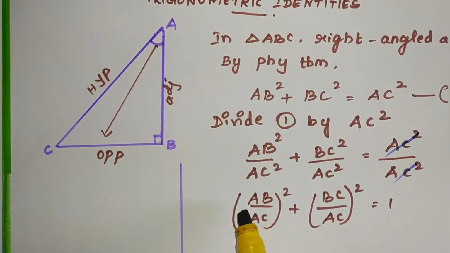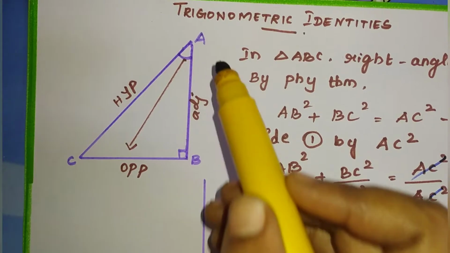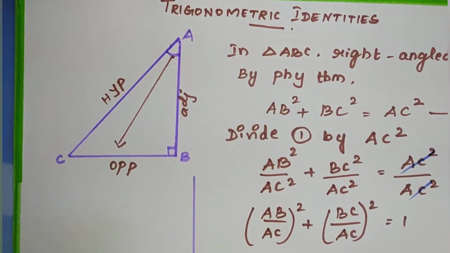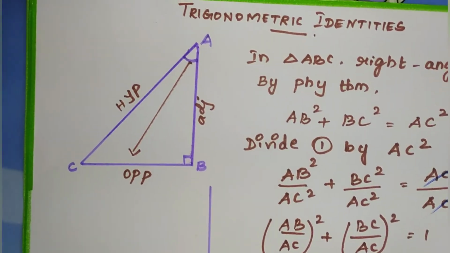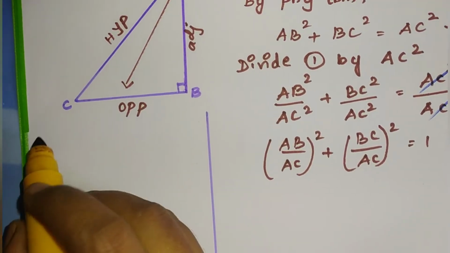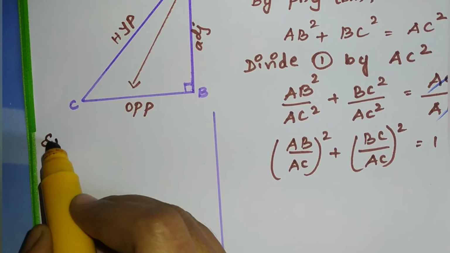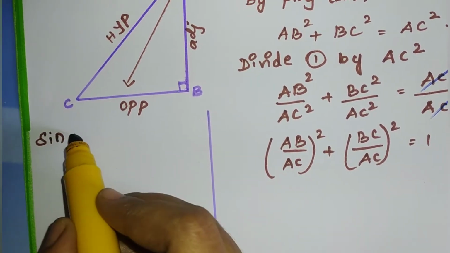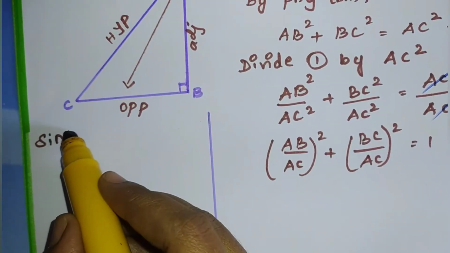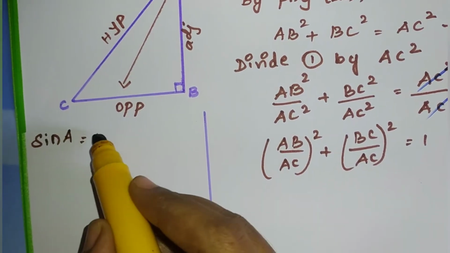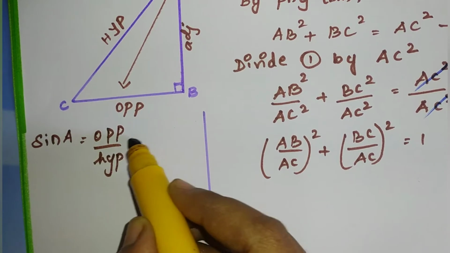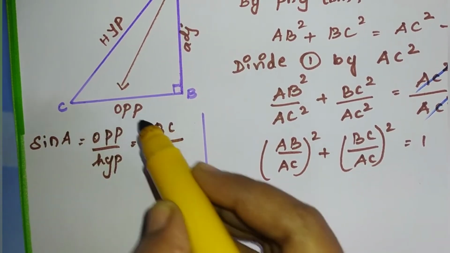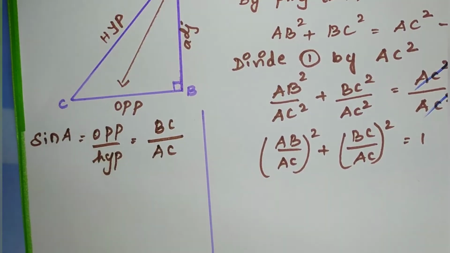So what is AB divided by AC? AB is adjacent, AC is hypotenuse. Before that, we write all trigonometric ratios with respect to angle A. Sin A is equal to opposite by hypotenuse: opposite is BC, hypotenuse is AC.